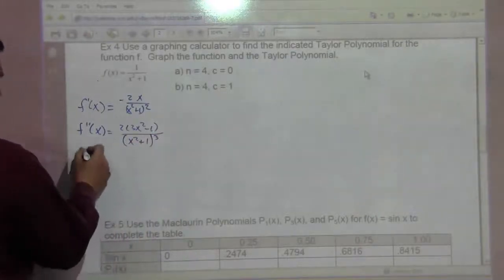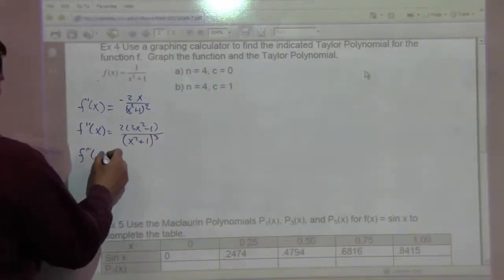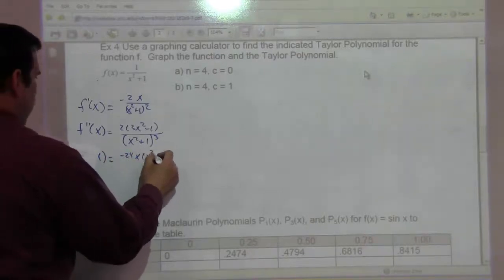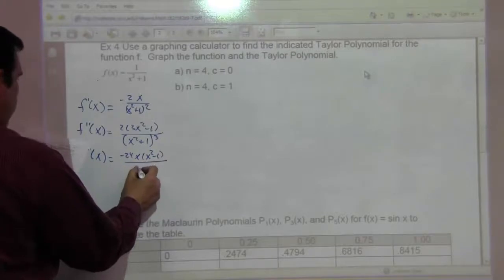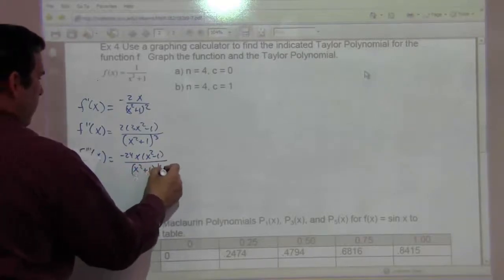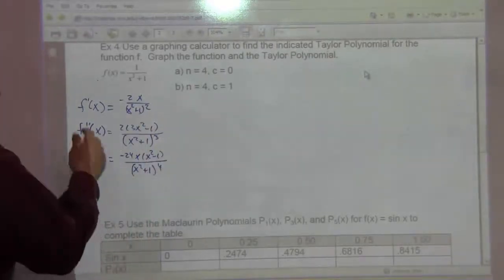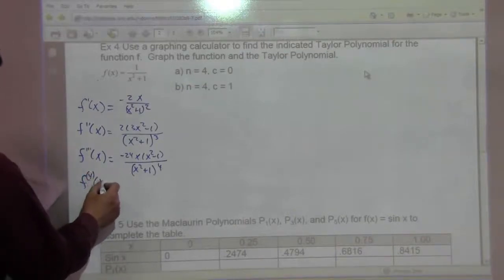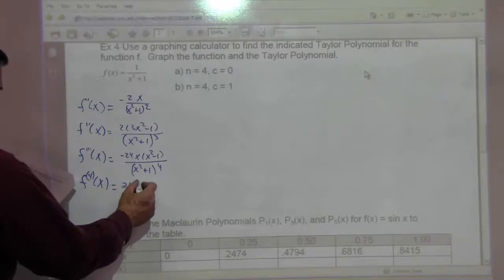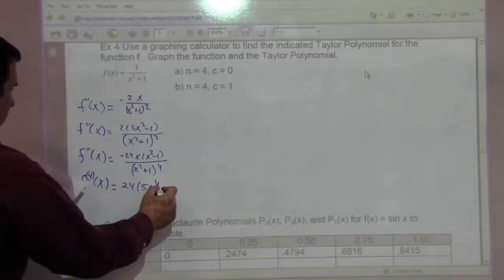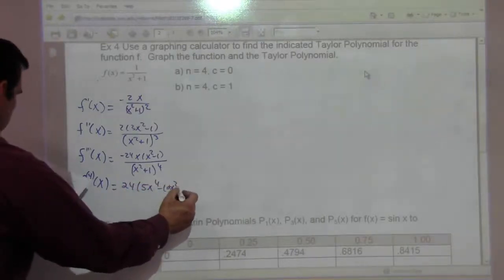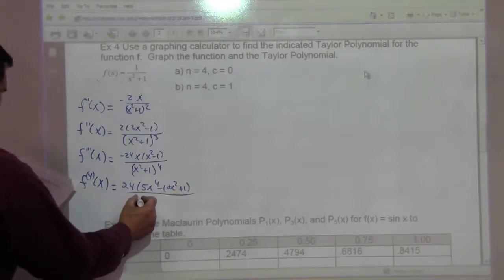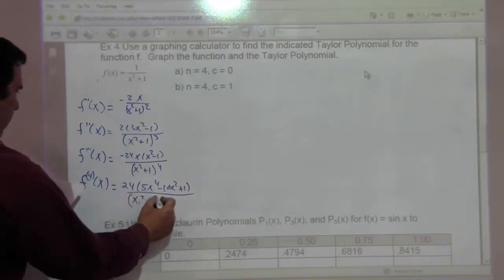The third derivative is negative 24x times x squared minus 1 over x squared plus 1 to the fourth power. And you can derive these by hand or use a calculator to find the derivatives. The fourth derivative is going to be 24 times 5x to the fourth minus 10x squared plus 1 over x squared plus 1 to the fifth power.